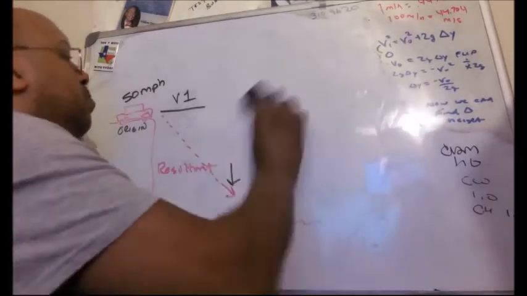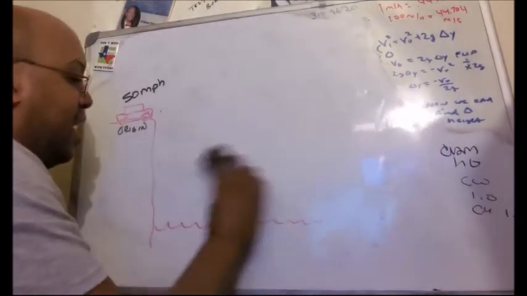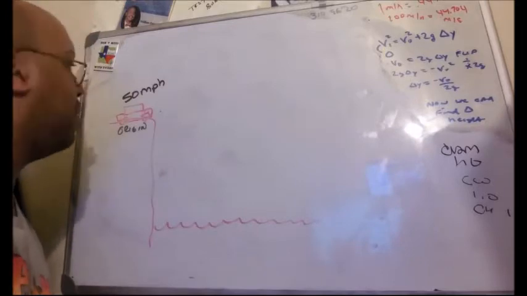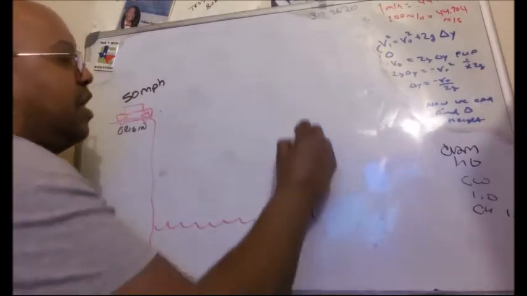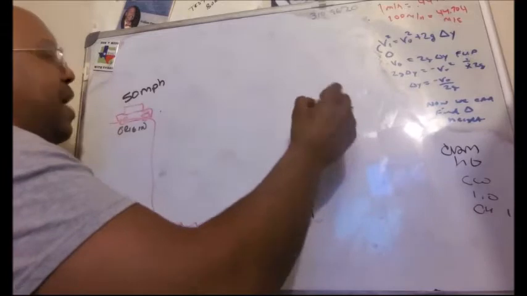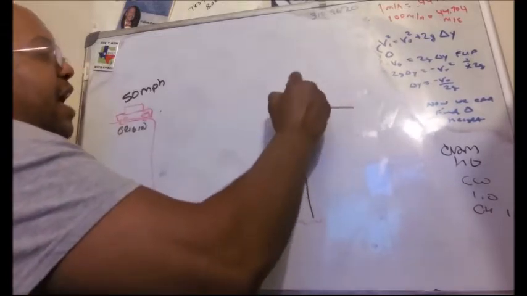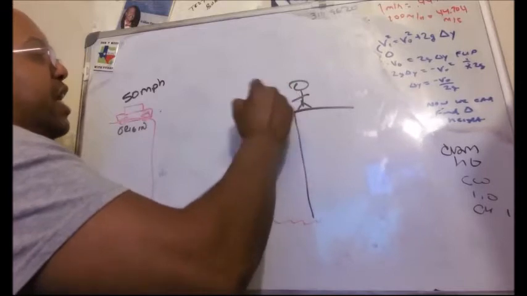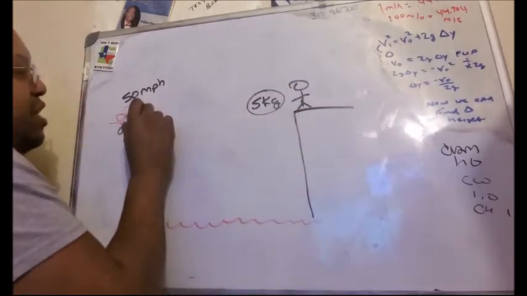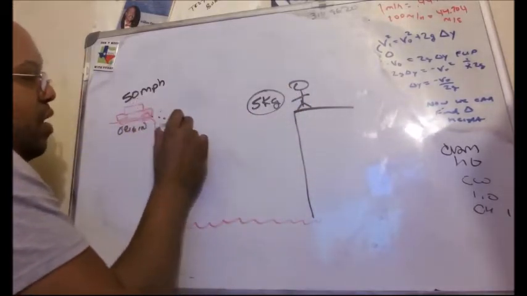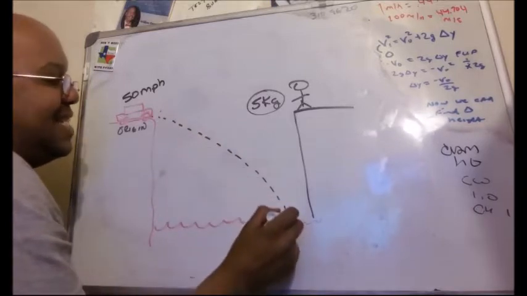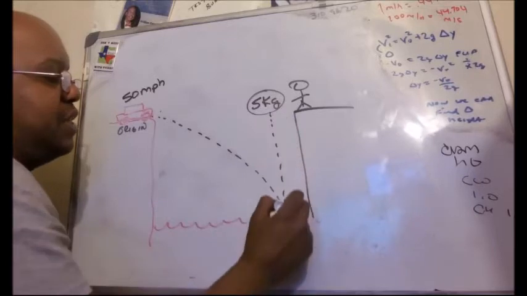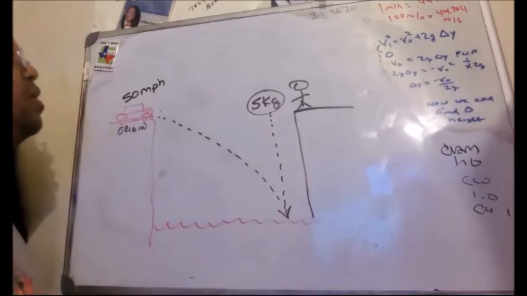All right, so let's say it's a river running through two land masses, and I have a 5 kilogram object. I'm holding it. The trajectory of your vehicle is going to be like this, and the trajectory of the object that I release is going to go like this, right?